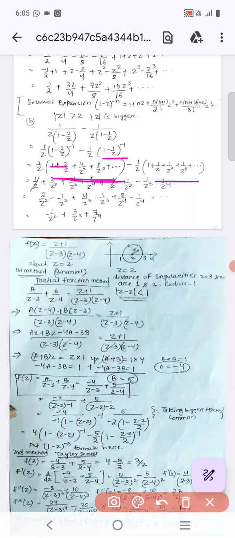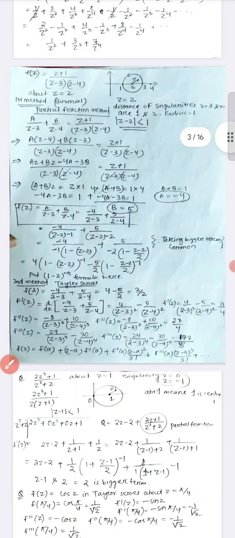Apply the partial fraction method here, as I have told you: take a by z minus 3 plus b by z minus 4 and equate it to the given expression, z plus 1 by z minus 3, z minus 4.